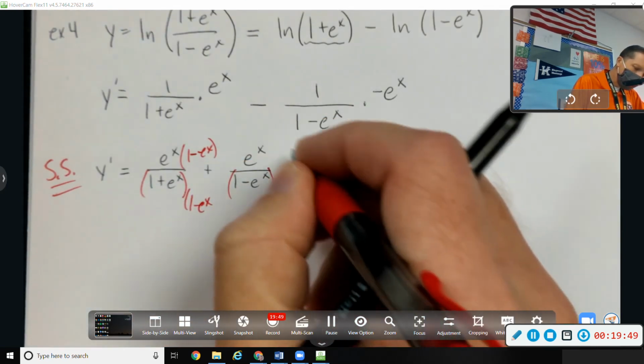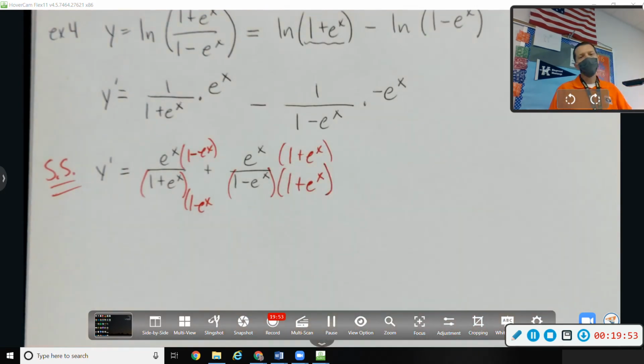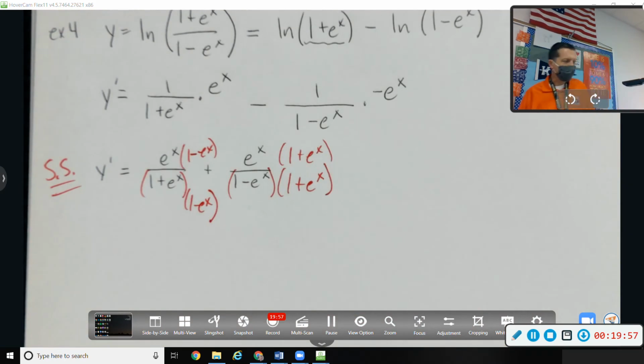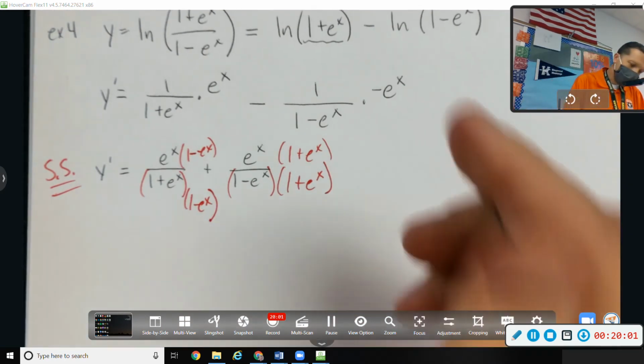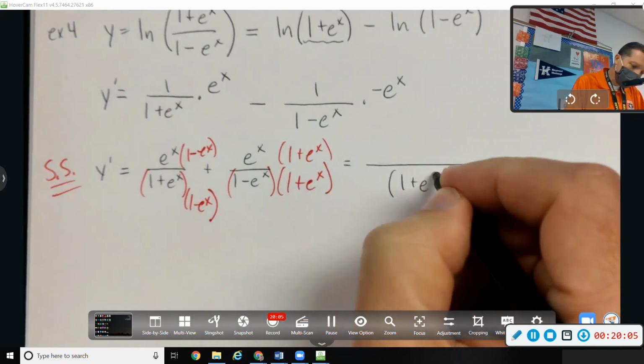So the first one goes 1 minus e to the x top and bottom. The second one gets 1 plus e to the x top and bottom. So we got our common denominator now.